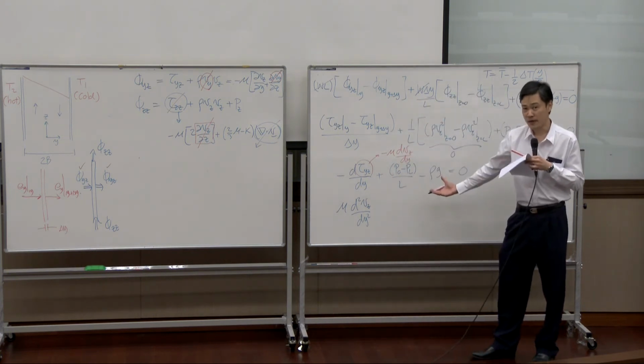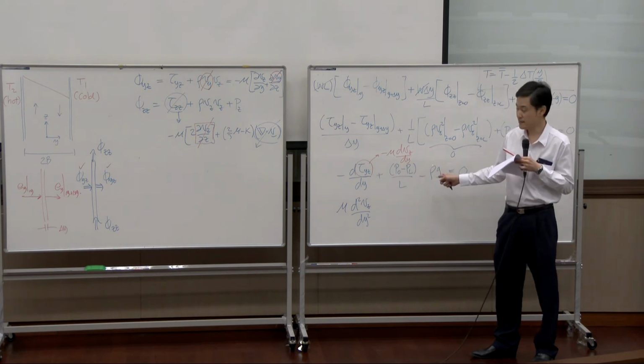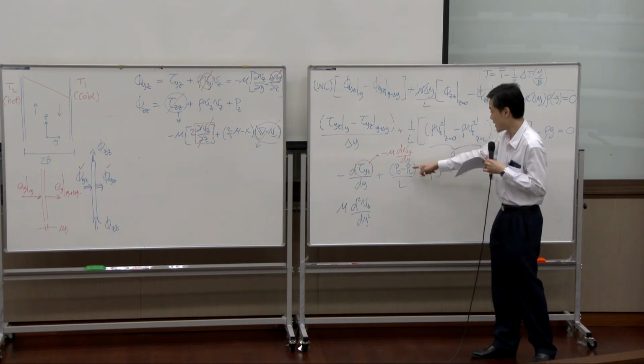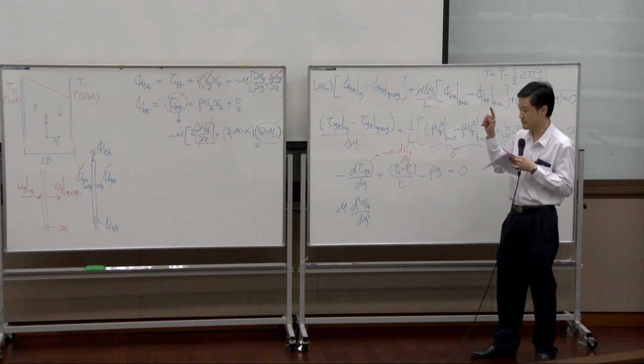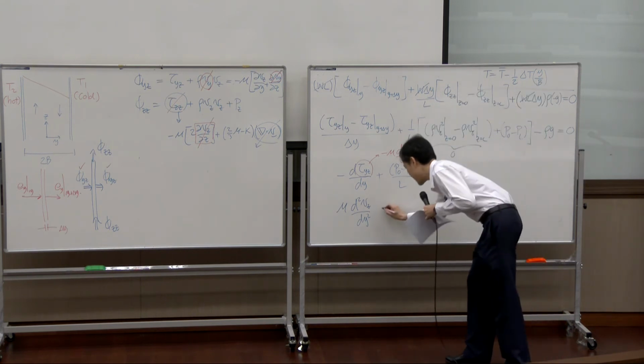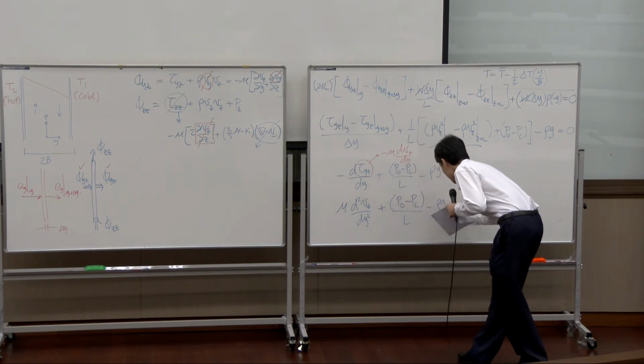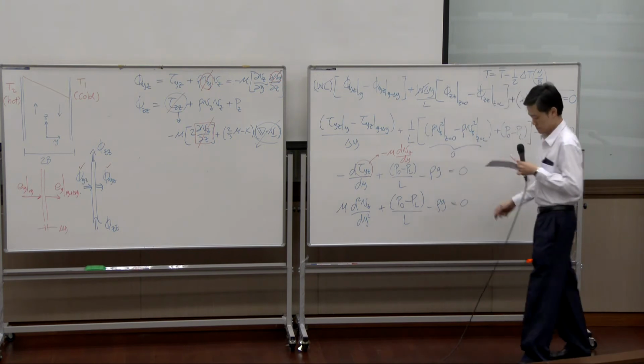In our momentum session, we combined these two together to get the modified pressure. But in this case, I want to keep it this way, just for the moment. I will discuss later. If I keep it, I will get this equation.